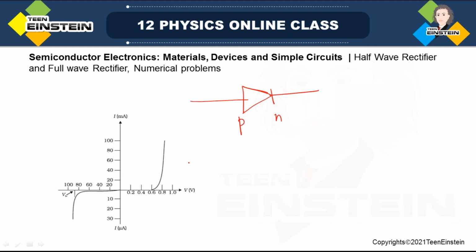In the forward bias, this is the forward bias when we connect the P side of the diode with the positive terminal of the battery, and the N side we connect with the negative terminal of the battery, then the diode is forward biased.